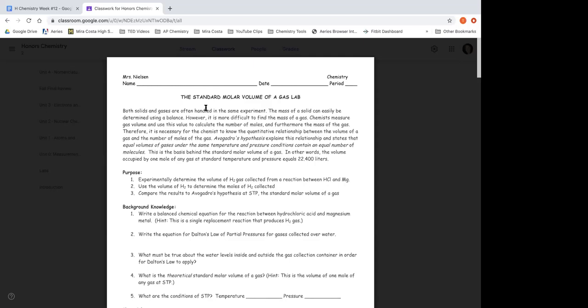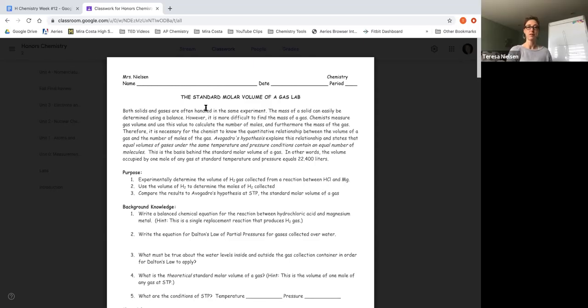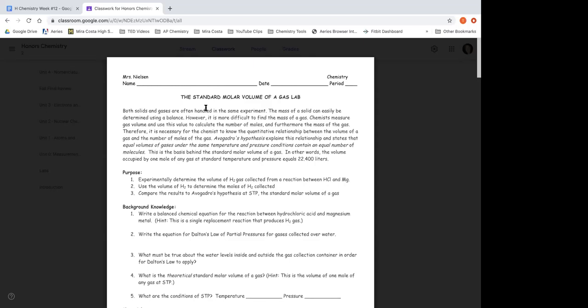Whenever you're ready, Hannah. Both solids and gases are often handled in the same experiment. The mass of a solid can easily be determined using a balance. However, it is more difficult to find the mass of a gas. Chemists measure gas volume and use this value to calculate the number of moles and furthermore the mass of the gas. Therefore, it is necessary for the chemist to know the quantitative relationship between the volume of a gas and the number of moles of the gas.